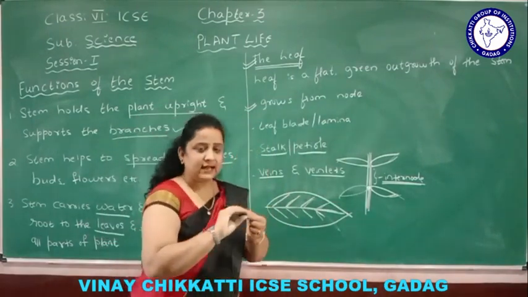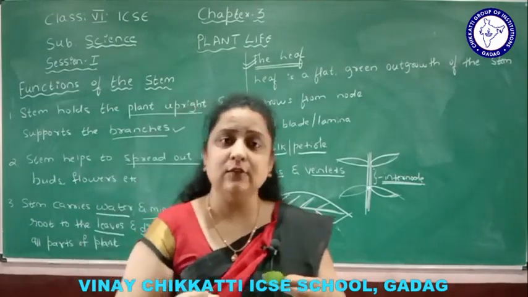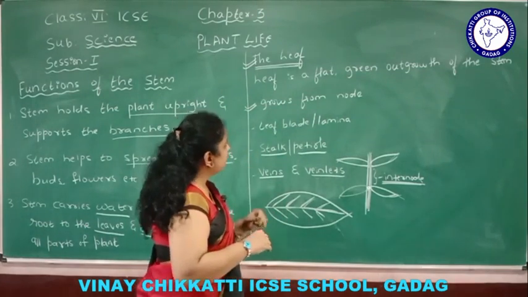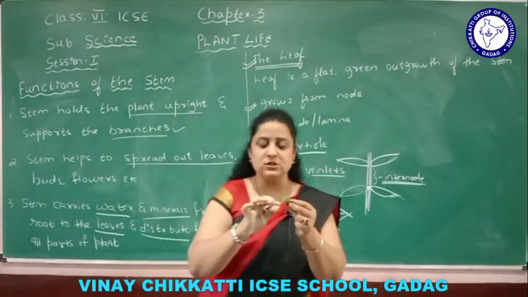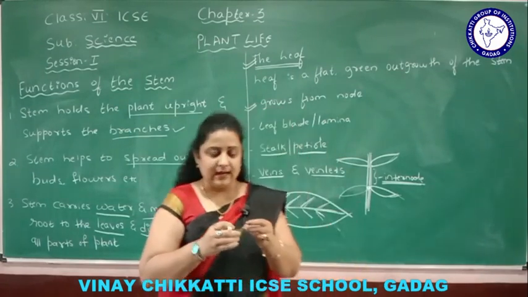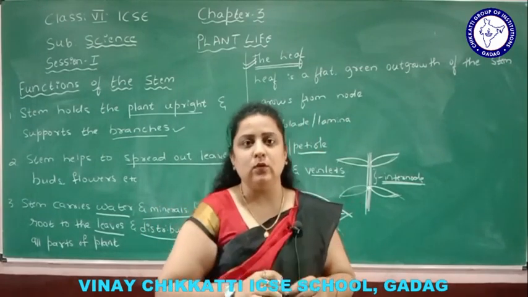So what is leaf? Leaf is a flat green portion, and it is arising from the stem. As you know, it is arising from the node. This entire flat portion is called leaf blade or lamina, and this thin portion is called petiole or the stalk.